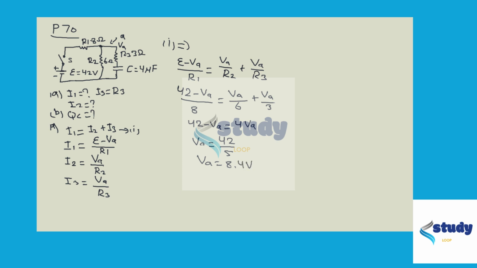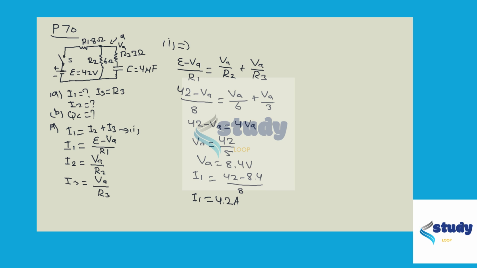Now I1 will be equal to 42 minus VA, that is 8.4 volts, divided by R1, and R1 is 8 ohms, such that I1 is equal to 4.2 amperes.